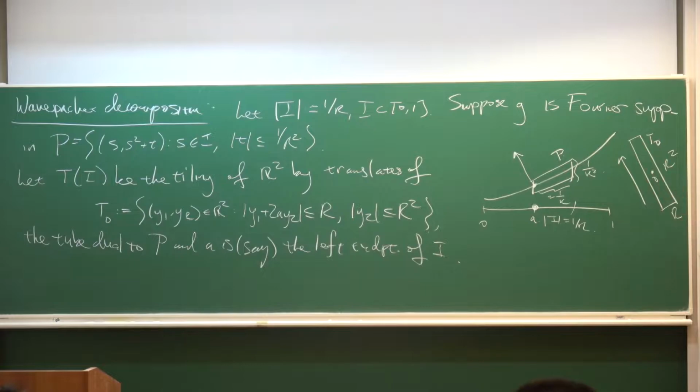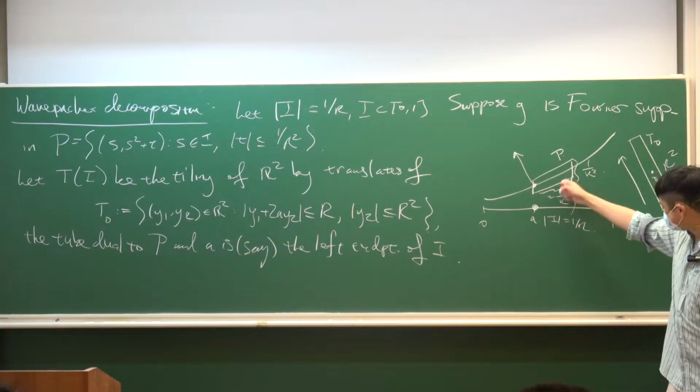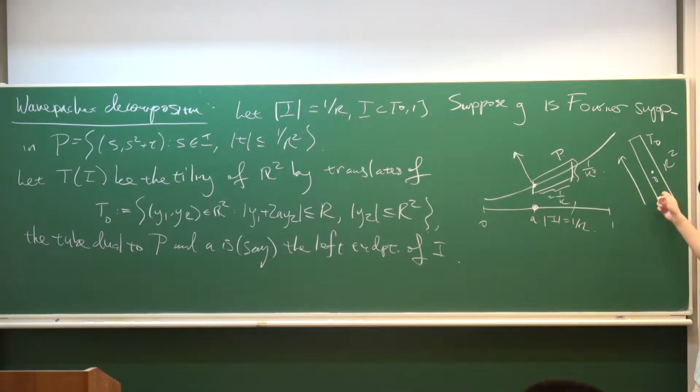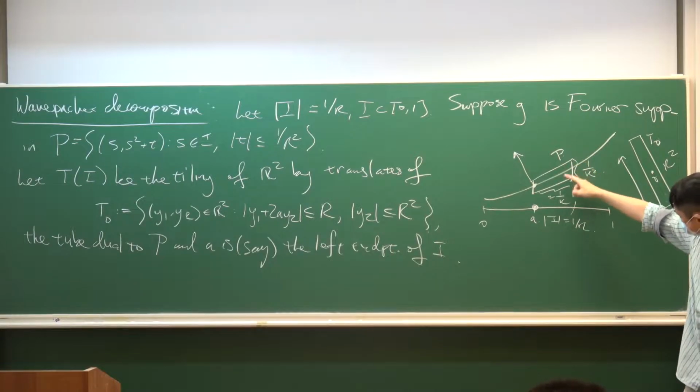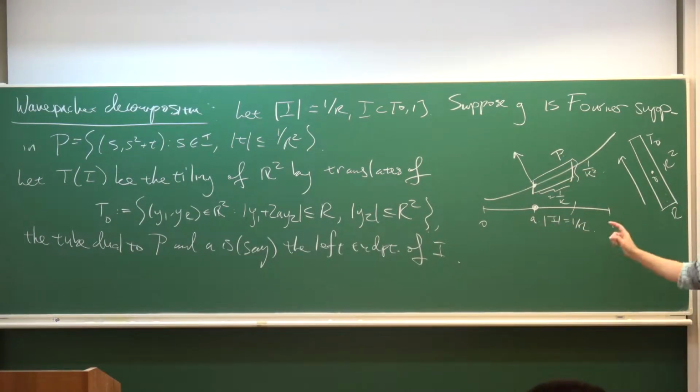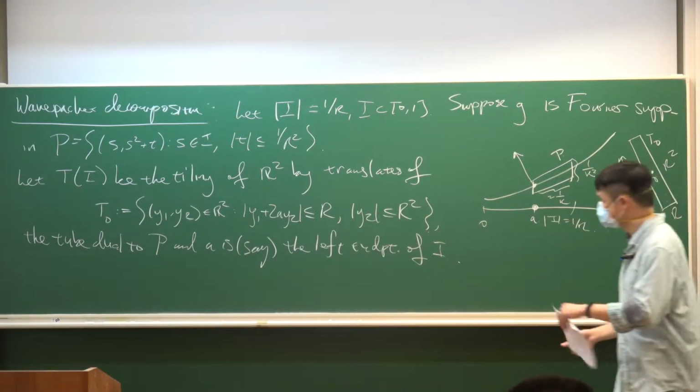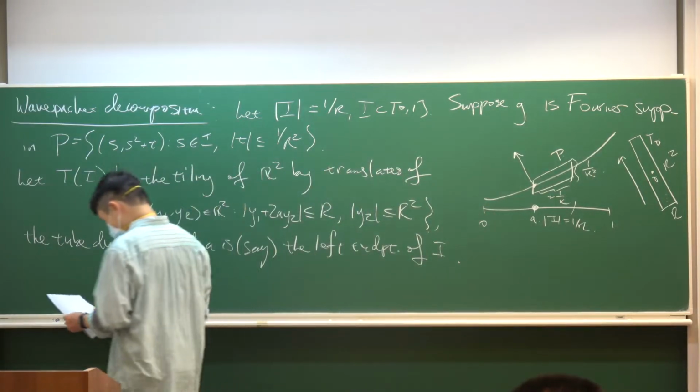If you write out what g is and ask whether it's constant on T_0, you look at the e to the 2 pi i of stuff and realize that as long as I'm inside one of these translates, the phase is small, and the constant you get depends on the particular translate of T_0, the function g, P, a, and everything, but nonetheless it's constant. So let me write out the heuristic.